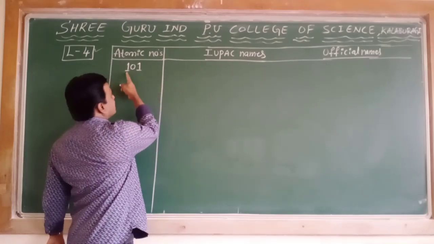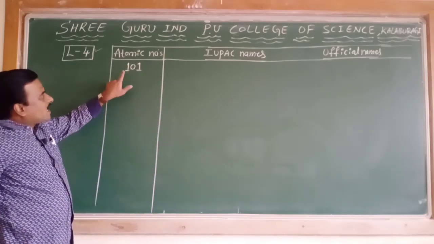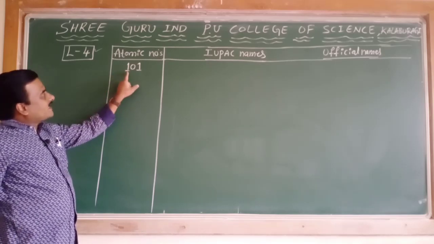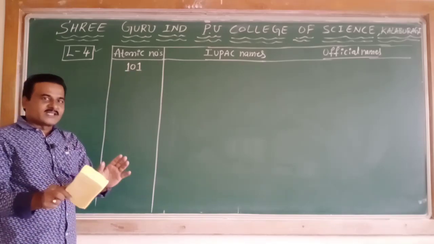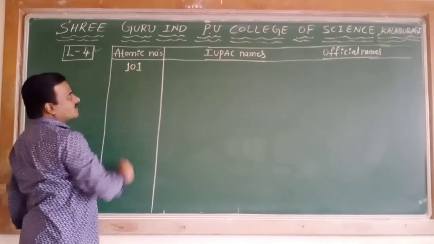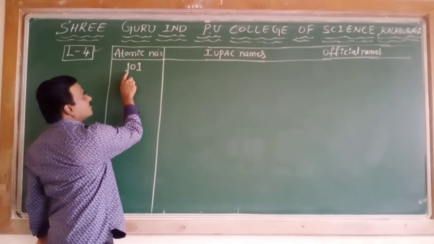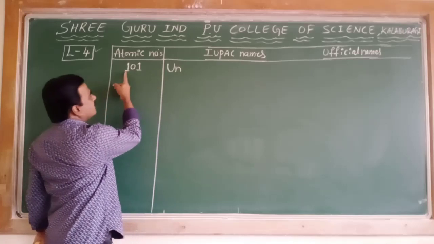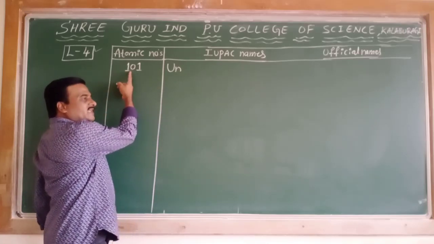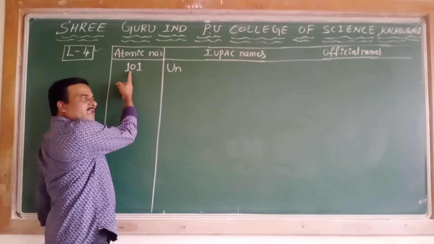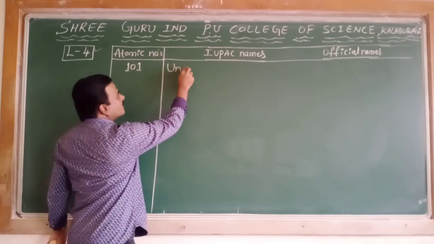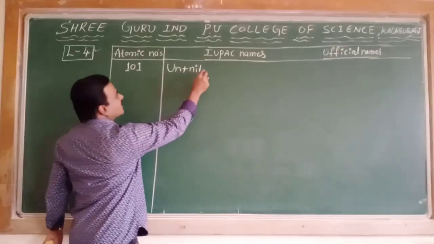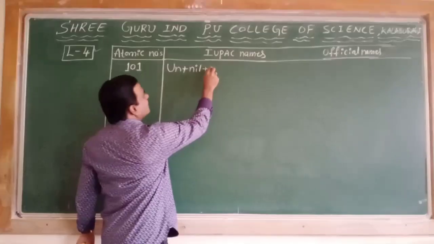First, we have to write the Latin names of the digits together. 101 is the atomic number. The Latin name for the digit 1 is un, and the Latin name of the digit 0 is nil, plus again 1, un.